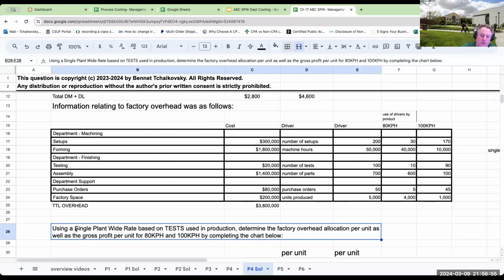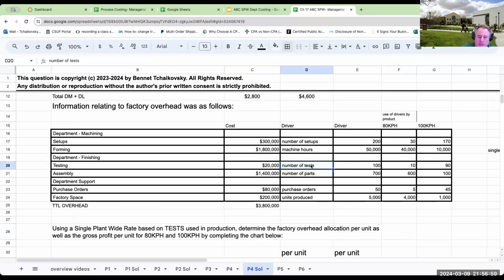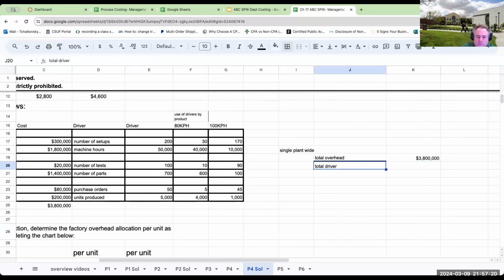Over here, using a single plant wide based on tests used in production. The total cost for the testing was only 20,000, I'm going to talk about that in a little bit. But the number of tests we had totaled 100. That's the total driver. 10 were used by the 80 kph, 90 were used by the 100 kph. So my total driver is 100 tests.